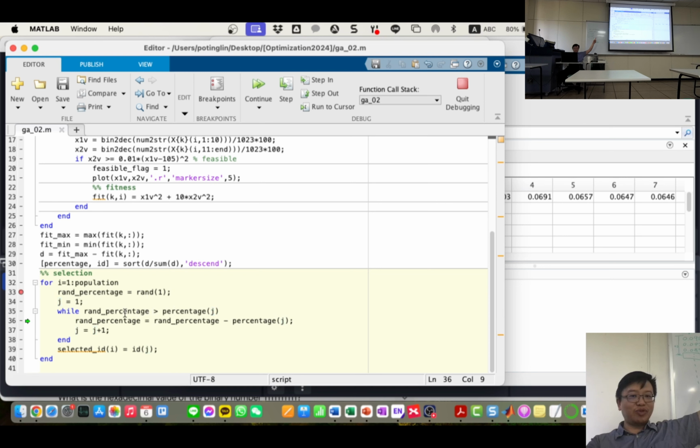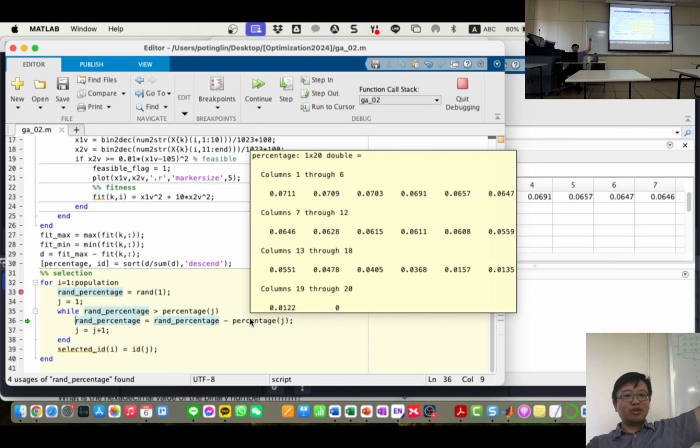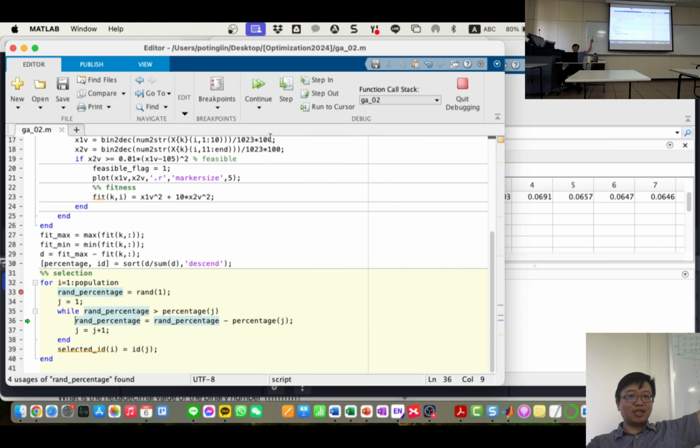So I need to subtract the jth percentage. I subtract the jth percentage, which is 0.077. So after subtracting, the remainder will be 0.18. Okay, move on to the next one.